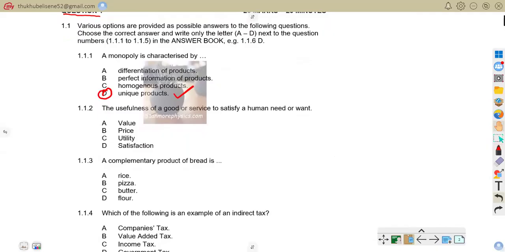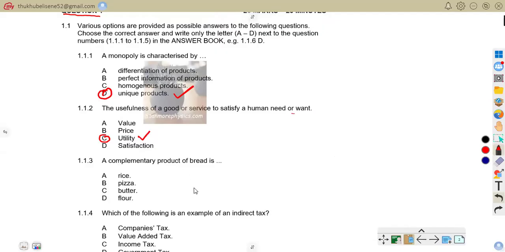1.1.2 says the usefulness of a good or service to satisfy a human need or want. We are given these four options: A, value; B, price; C, utility; D, satisfaction. So the correct answer there is C, utility.